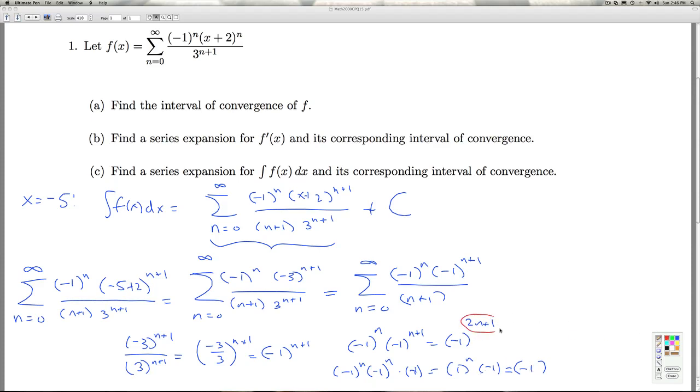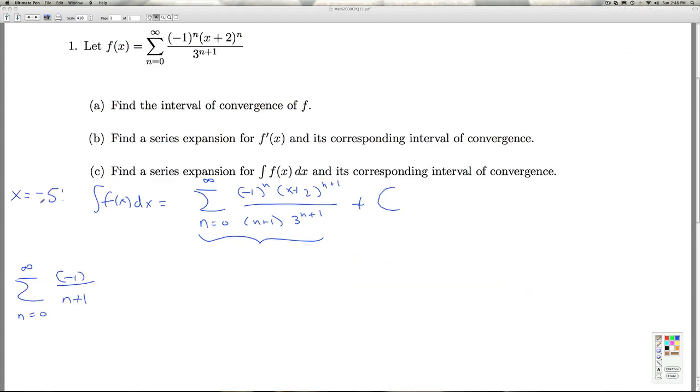Here, 2n plus 1 is always odd, and so -1 to the odd power is -1. So no matter how you slice it, I get -1 over n plus 1. And now I have to figure out whether or not that series converges.